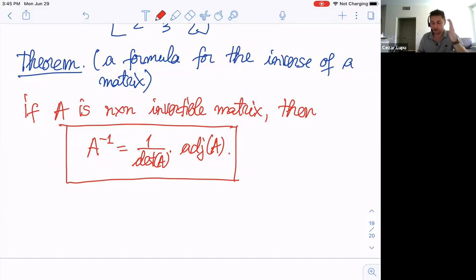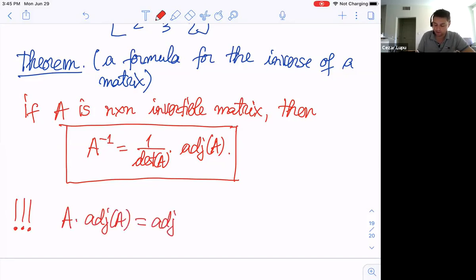At some point you'll get the following very important formula: A times the adjugate of A commutes with the adjugate. That's a funny thing. I told you that not all matrices commute, but in this case, A commutes with the adjugate of A. And moreover, it is equal to the determinant times the identity. That's a very important equality.